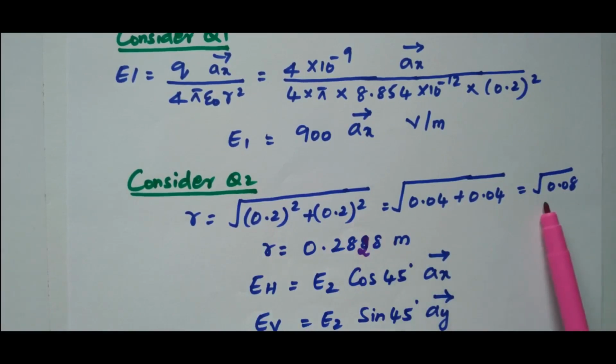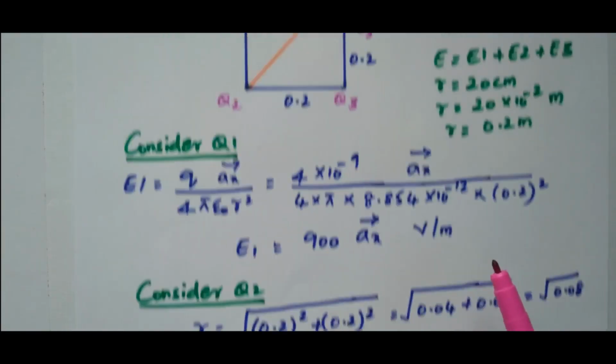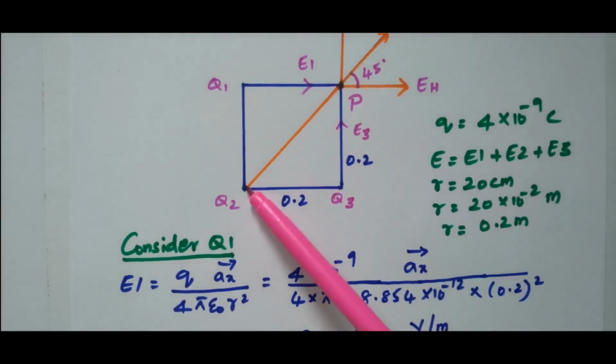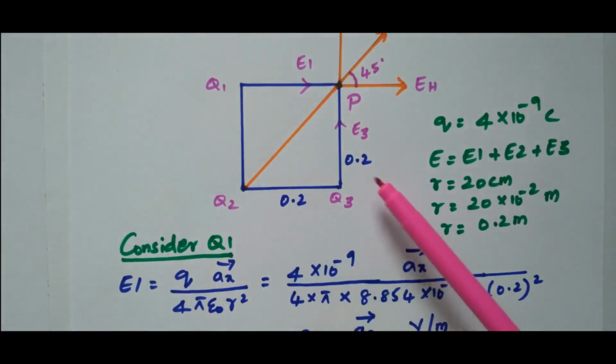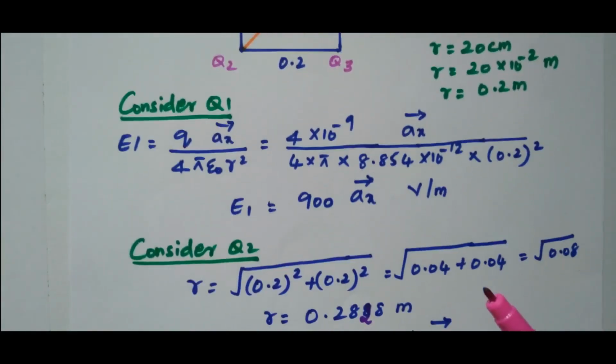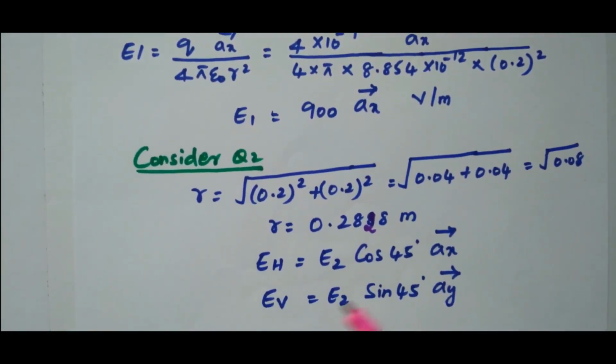This distance can be calculated using the Pythagoras theorem, right? So finally what we got? Square root of 0.08, that is nothing but 0.2828 meter. That is calculated from the Pythagoras theorem. Now we need to find the horizontal component and vertical component. Now we got the value of R.